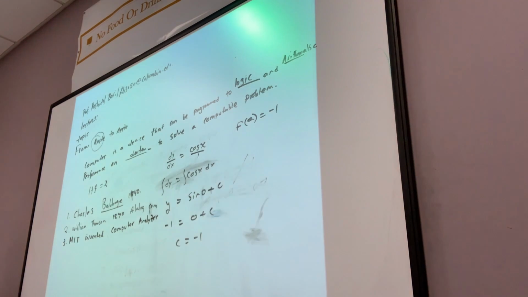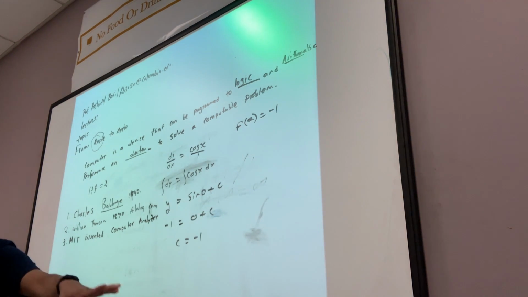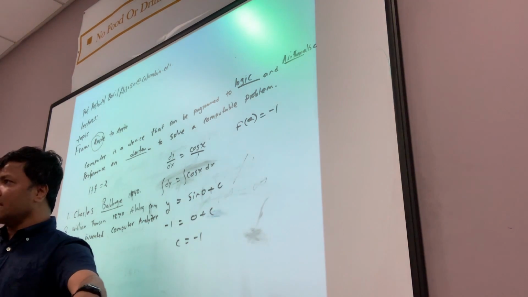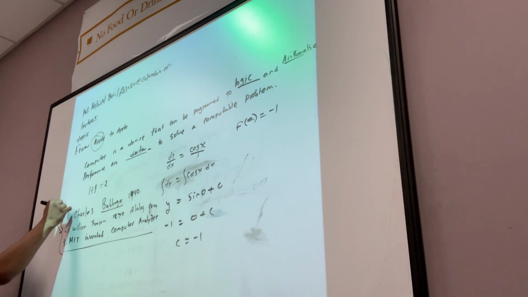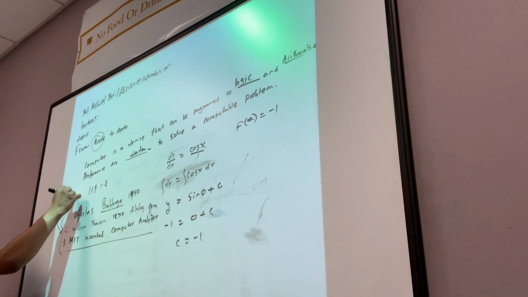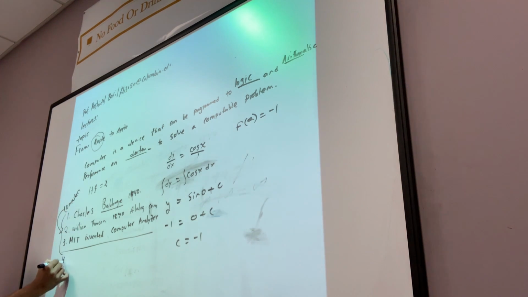Then the biggest thing happened. The biggest thing in computer science, the Turing machine. So Alan Turing. So this is the computer. Alan Turing. Alan Turing invented the Turing machine.